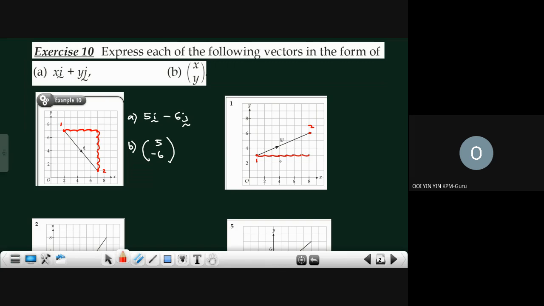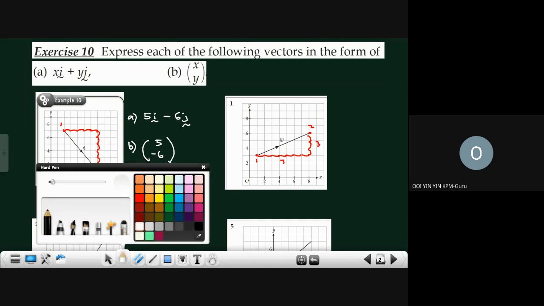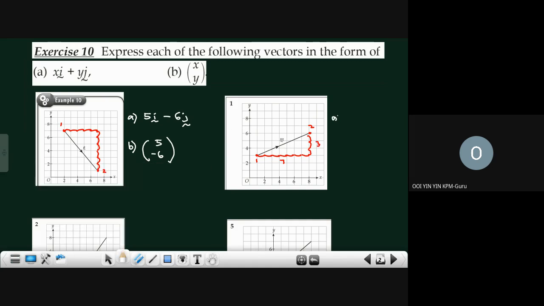Okay, 7, and then it goes up, right? 1, 2, 3, up 3. So you know how to write this. First, in form of I and J, write 7, that means 7I, and then up 3, that means positive 3J.